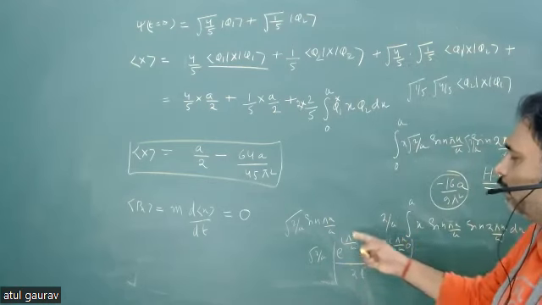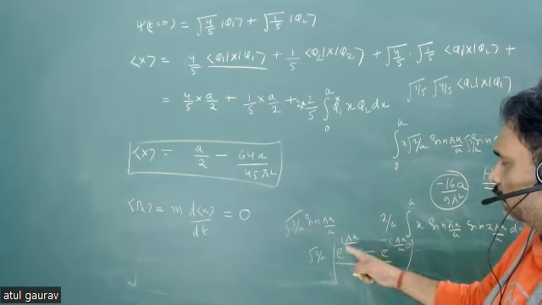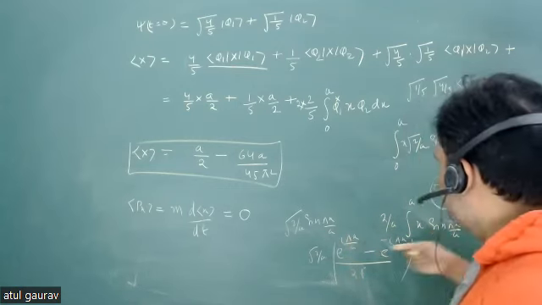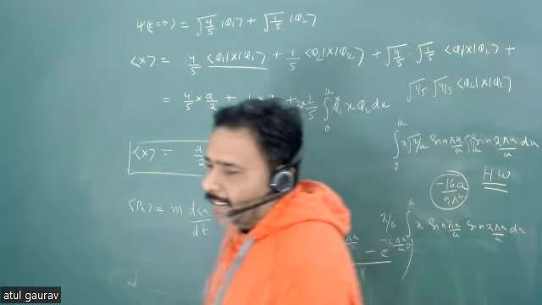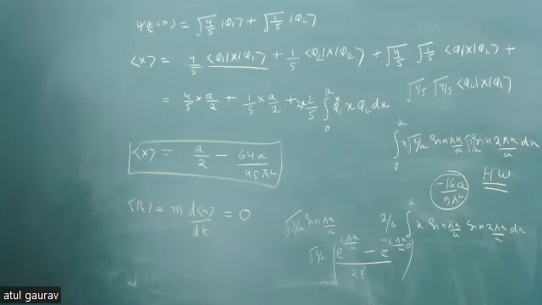So if you are writing, what will be momentum? h कट के इसके साथ क्या होगा? h कट इंटू पाई बाई ए, और इसके साथ कितना होगा? माइनस h कट इंटू पाई बाई ए. Isn't it? Yes, sir.